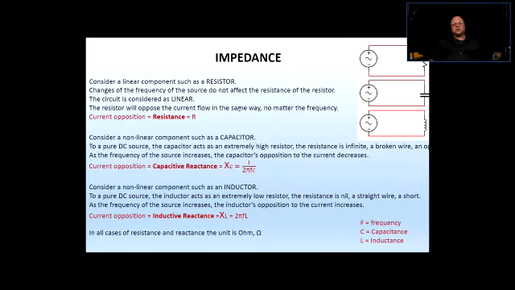And then based on knowing what impedance is, we're going to distinguish impedance from characteristic impedance, and characteristic impedance mostly applies to the coaxial cable.